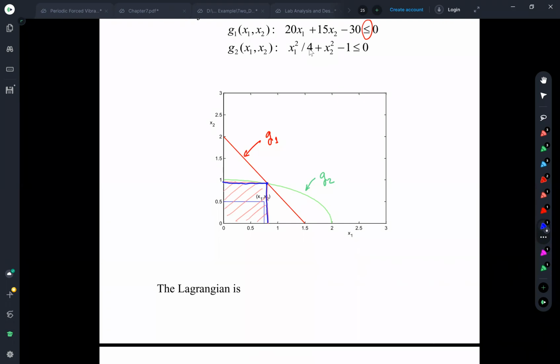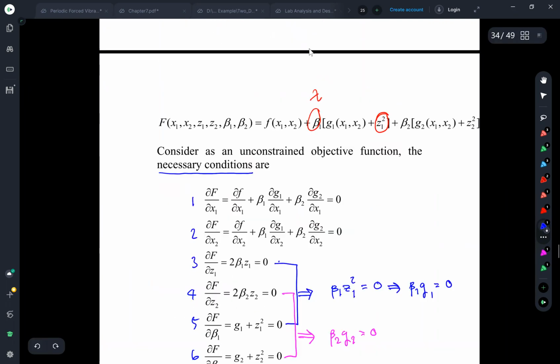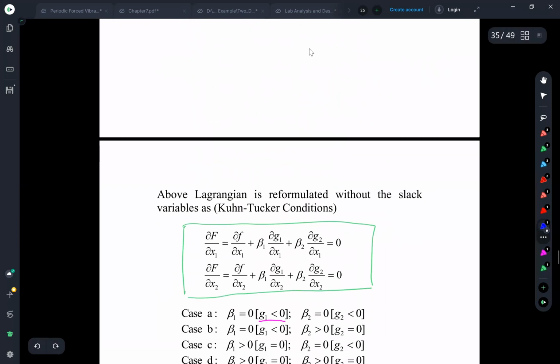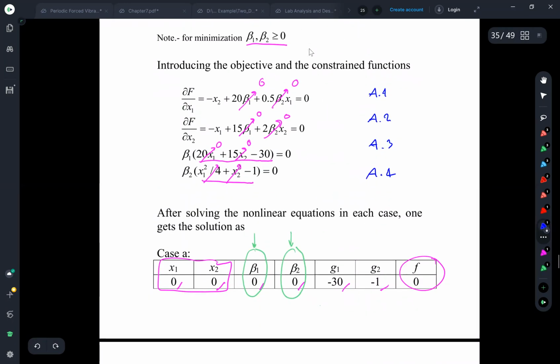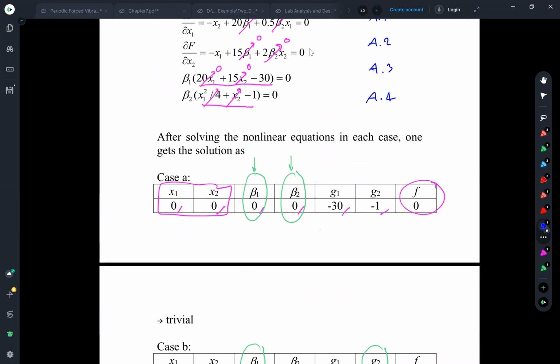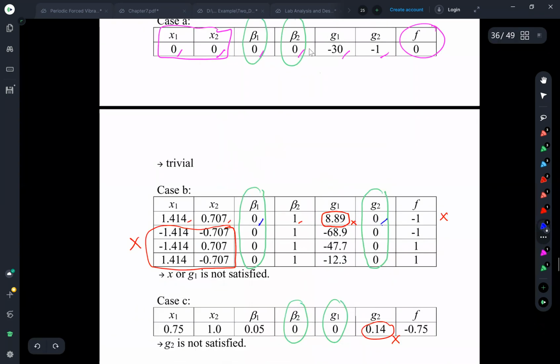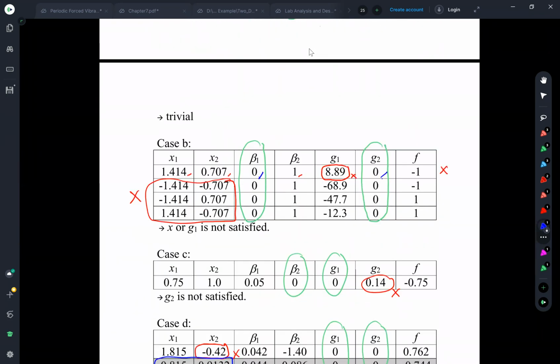In some cases, let me draw the idea about this. Case A and B. Case A is trivial, right? X1, X2 are 0, so I'm skipping it. Look at case B. There seems to be one possible solution in the first set of the obtained solutions where we have X1. I'm talking about this.